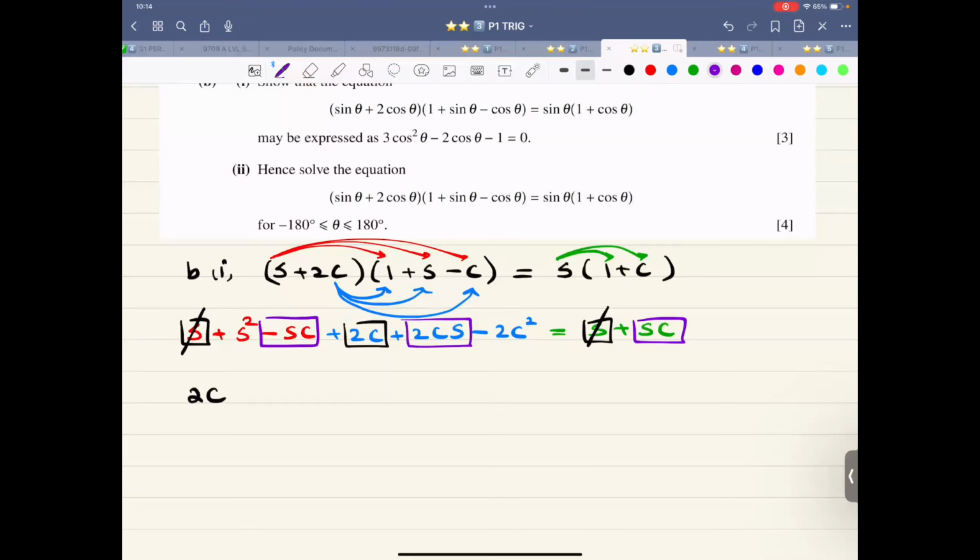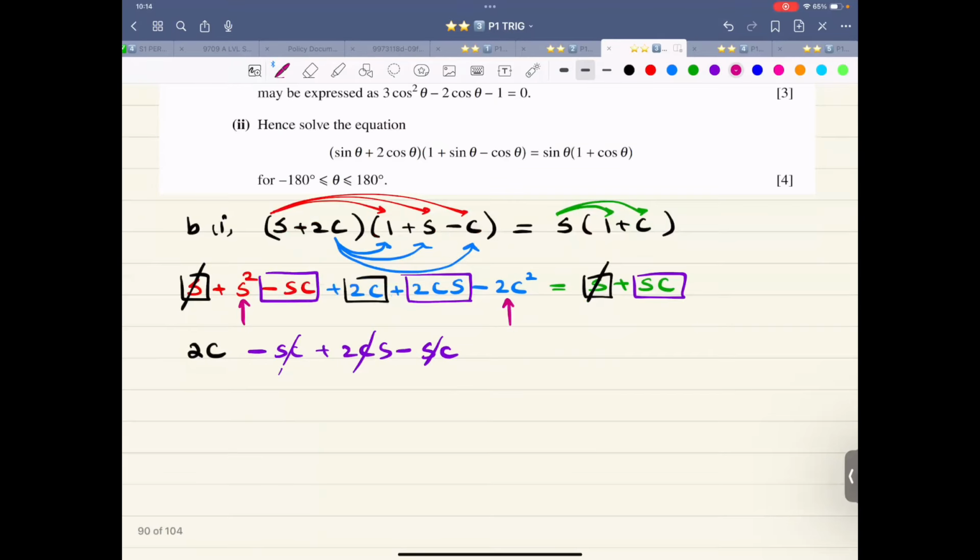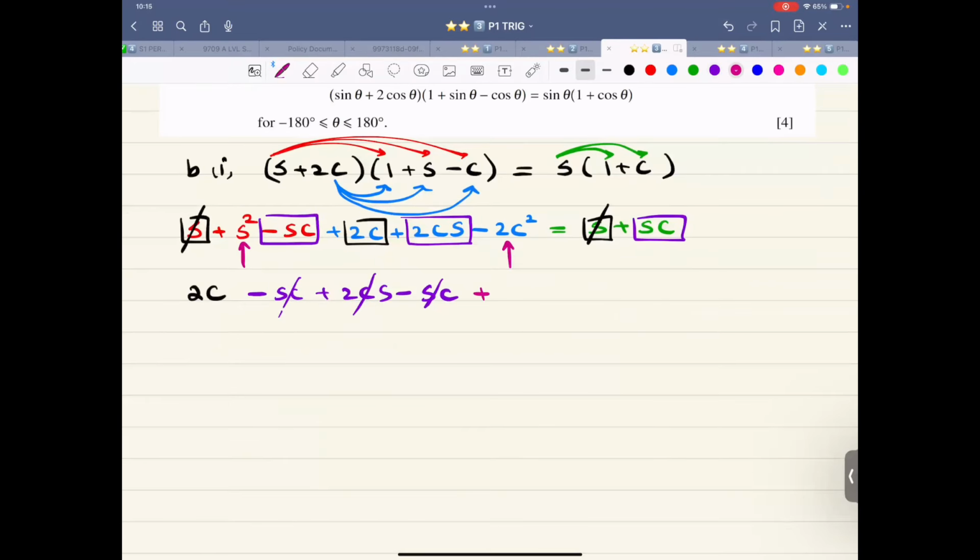So now this is negative SC plus 2CS plus SC. Negative, negative, this thing again cancels out. So this thing is also gone. Now what am I left with? I'm left with positive S squared minus 2C squared. This equals 0.